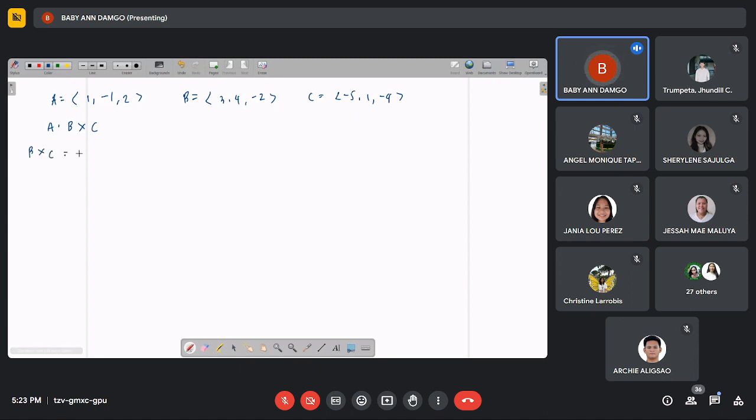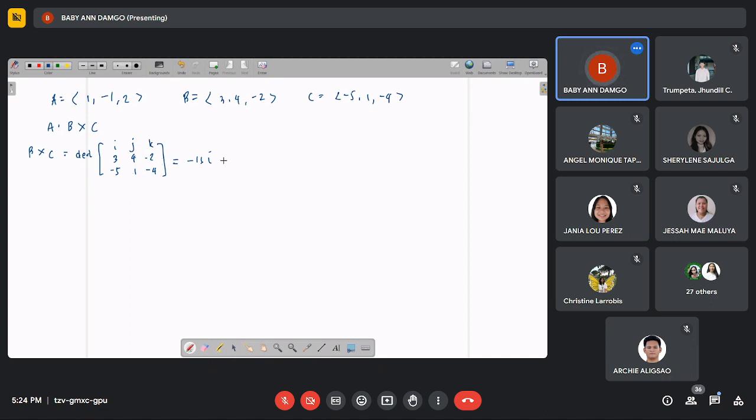So this is equal to the determinant of I, J, K. B is 3, 4, negative 2. C is negative 5, 1, negative 4. So we apply the basket method.